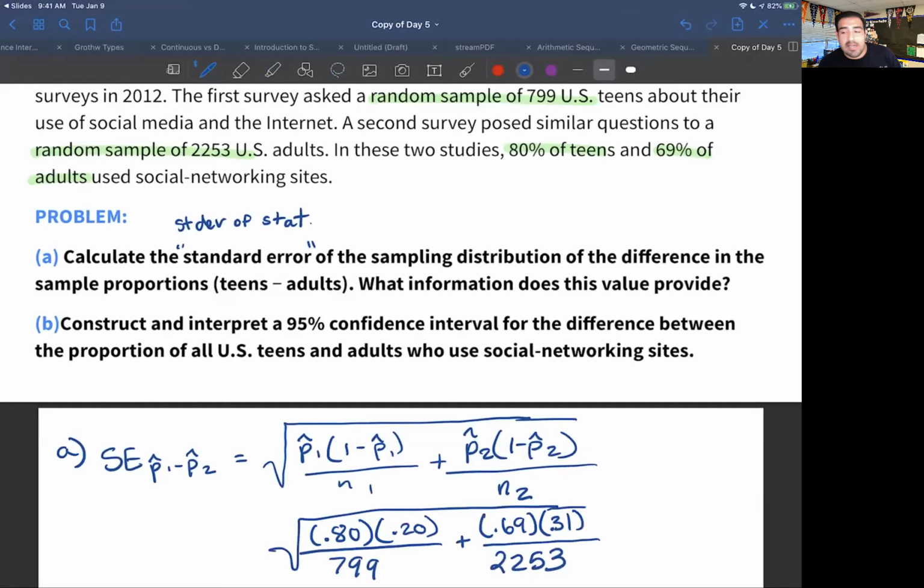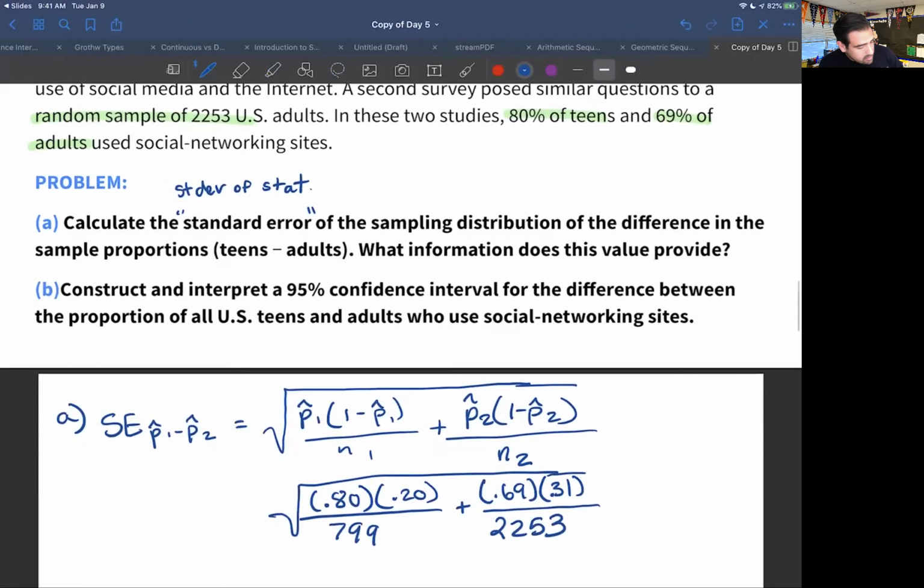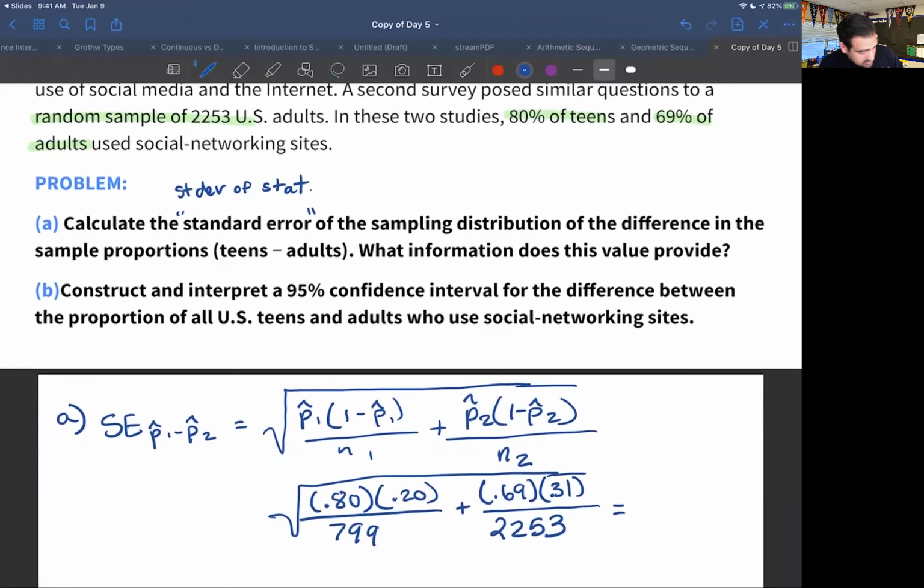That was the sample size for the adults. Throwing that into our calculators is going to give us a standard error of almost 2%. So 1.72%.